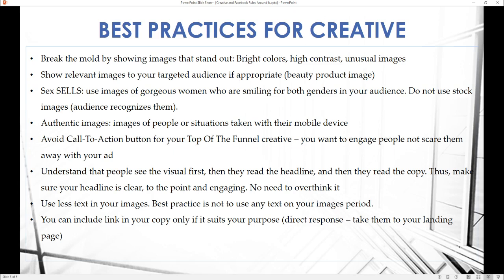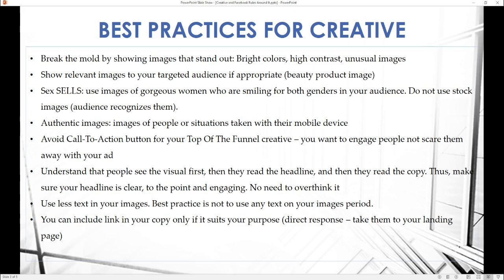So because of this, you want to make sure that your video is engaging or your image is engaging, because it needs to be an attention grabber. You want to make sure that your headline is extremely clear, to the point, and again, engaging. Do not overthink it. Do not get cute here, all right? This is the part that's going to stick with them.